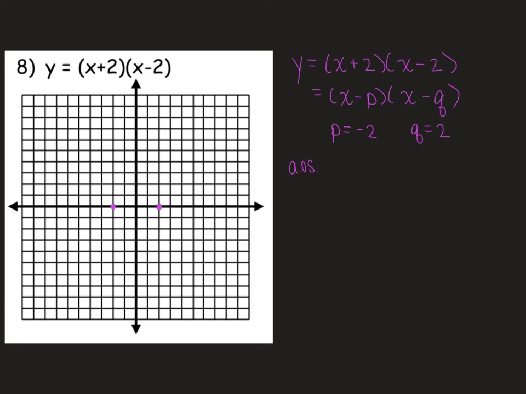So you're going to do x equals p plus q over 2. So we end up with -2 plus 2 over 2, which is 0 over 2, and 0 divided by any number on the planet is 0. So our axis of symmetry is at 0. I'm going to draw a dotted line.